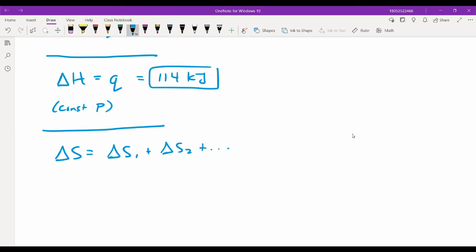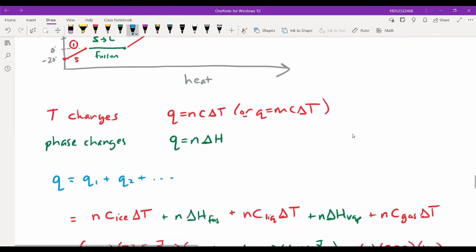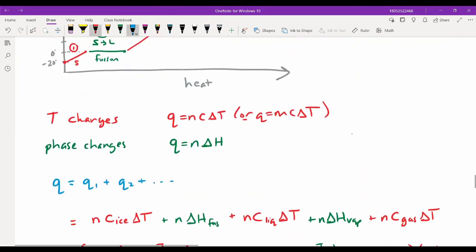So for entropy change, if you recall from the last video, there's kind of two equations depending on what's happening. For temperature changes, we're going to use the entropy change that looks like this, right? n C ln T2 over T1.